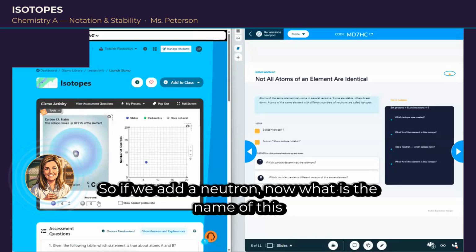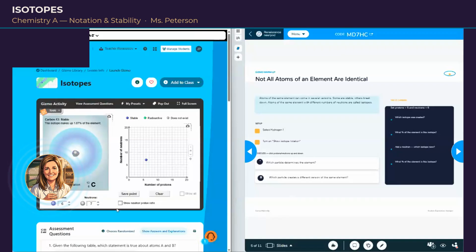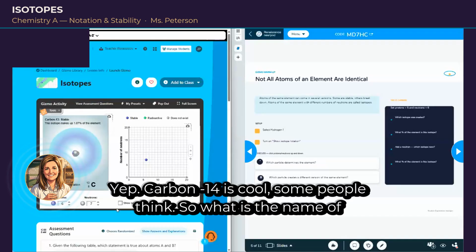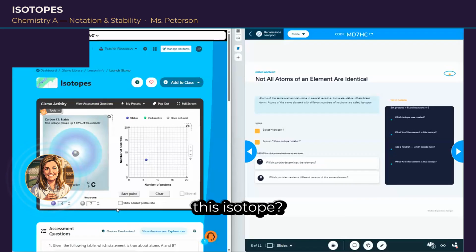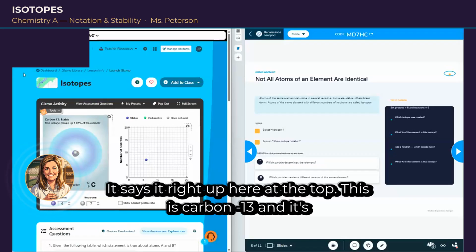So if we add a neutron, now what is the name of this isotope? It says it right up here at the top. This is carbon 13.